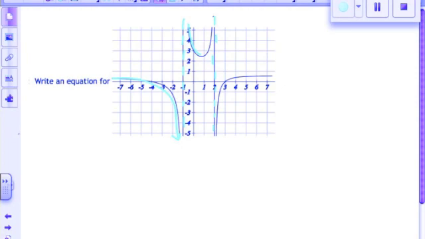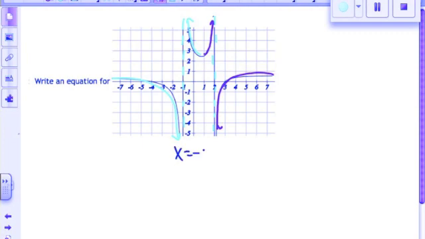As I'm approaching it from the right, that's headed to positive infinity. If I go to this side, I'm getting the same kind of action going on here. So this is almost like the negative 1 over x, right? I'm not sure if that comes into play here. It's just something I noticed, but let's see what we can do here.